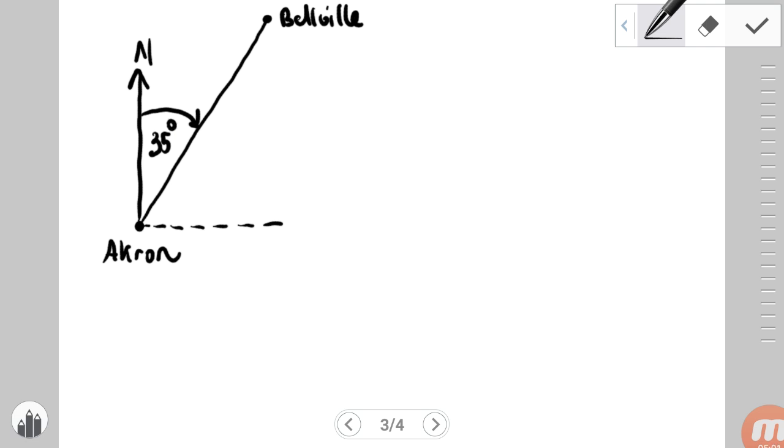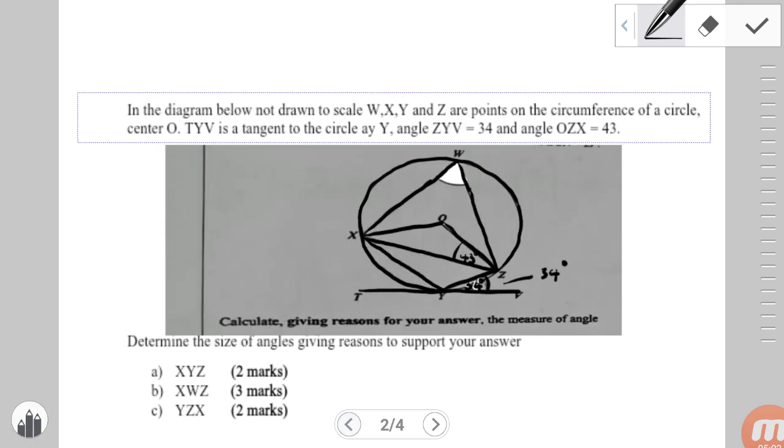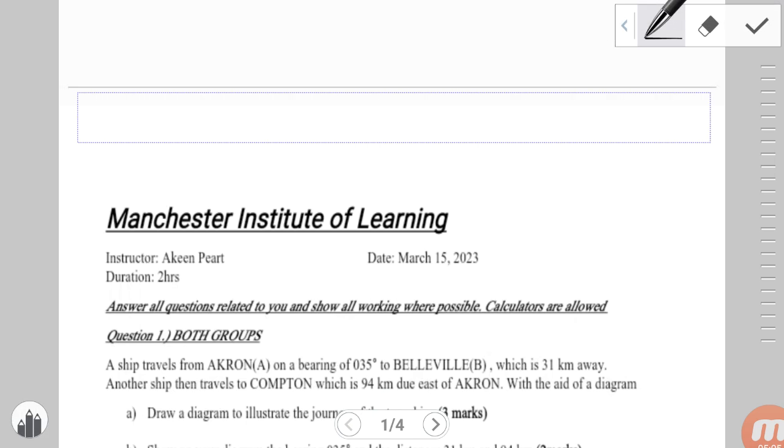Now we look at the fact that it is 31 kilometers away, so we're going to put that 31 in a moment. Another ship travels to Compton, which is 94 kilometers due east of Akron. That means both ships are leaving one location, Akron, so Akron here is repetitive.